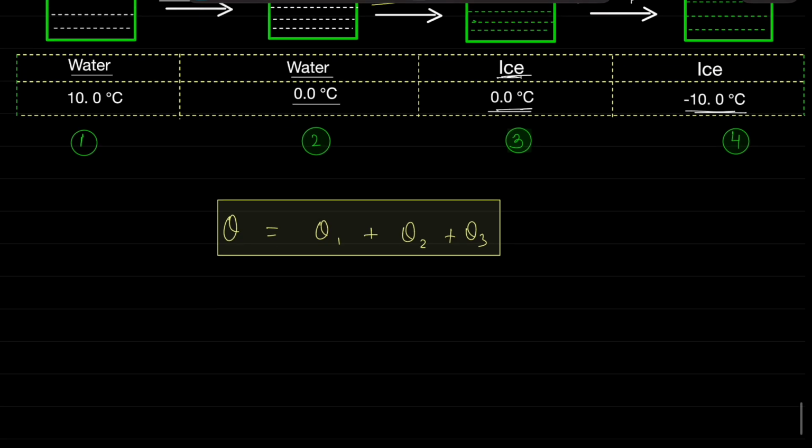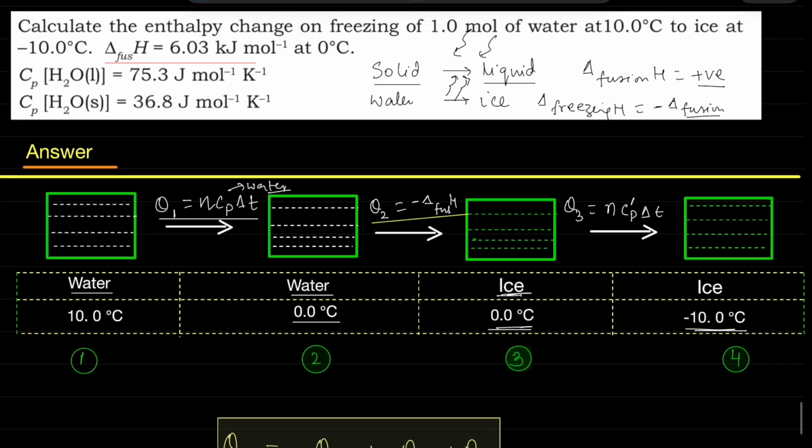So Q1 is equal to n into Cp delta T. n is the mole of water. In the question it is given as 1 mole, so we substitute 1 mole. Cp for water is 75.3 joule per mole Kelvin.